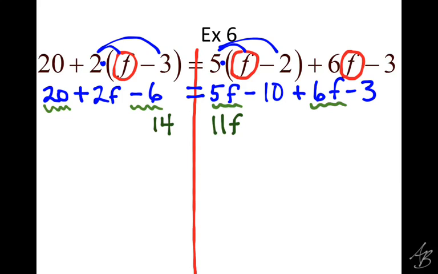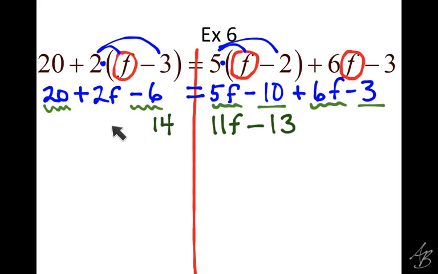Okay, and then do we have any other like terms? Okay, we've got the negative 10 and the negative 3. Since they're both negative, are we going to add or subtract? Going to add. What's 10 plus 3? 13. And is that going to be a positive 13 or negative 13? So this is going to be a negative 13.